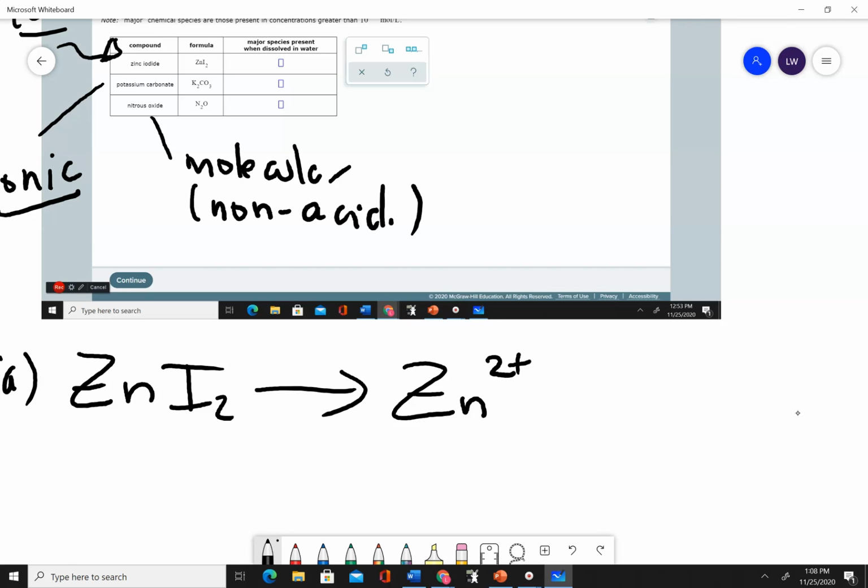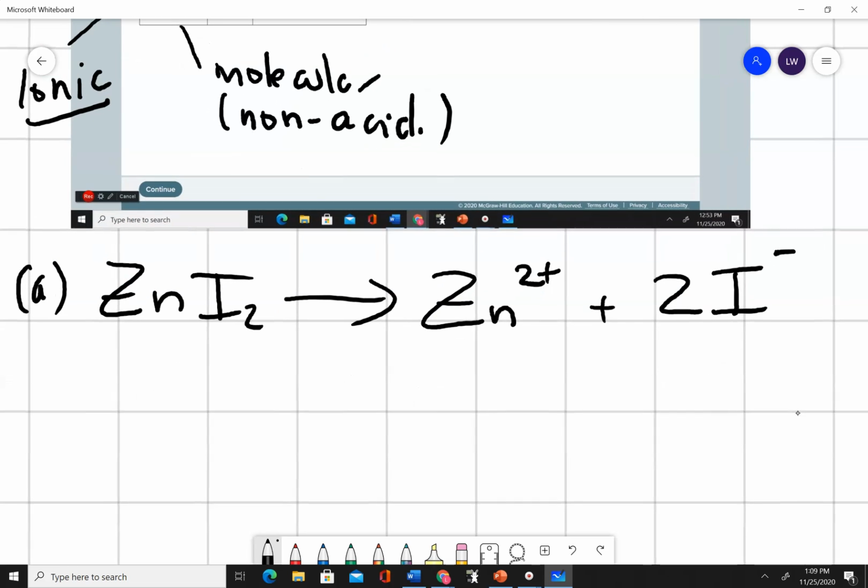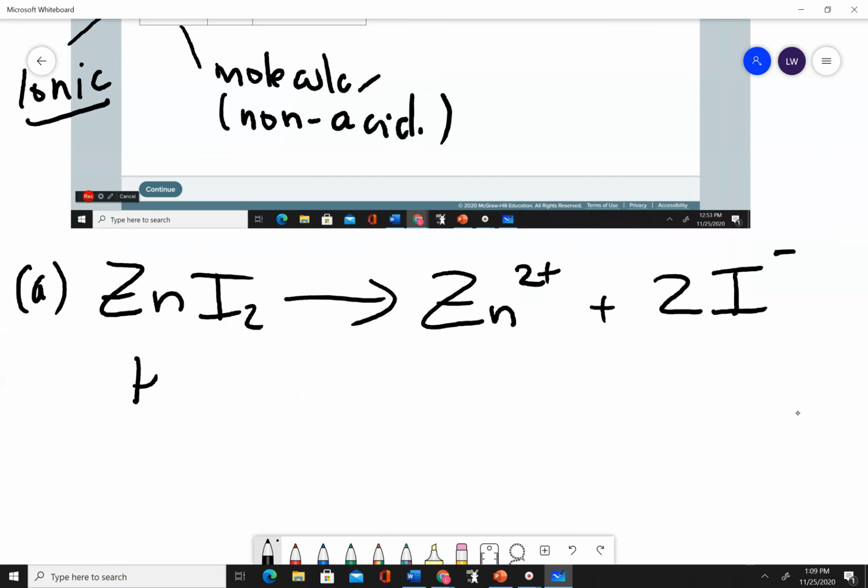Aluminum and gallium always form 3+, cadmium and zinc are always 2+, and silver is always 1+. Now we have two iodide ions. Iodine's in group 7A, so the iodide ion has a -1. So when this is dissolved in water, the major species will be water, and then we're going to have some zinc ions, and we're going to have some iodide ions.